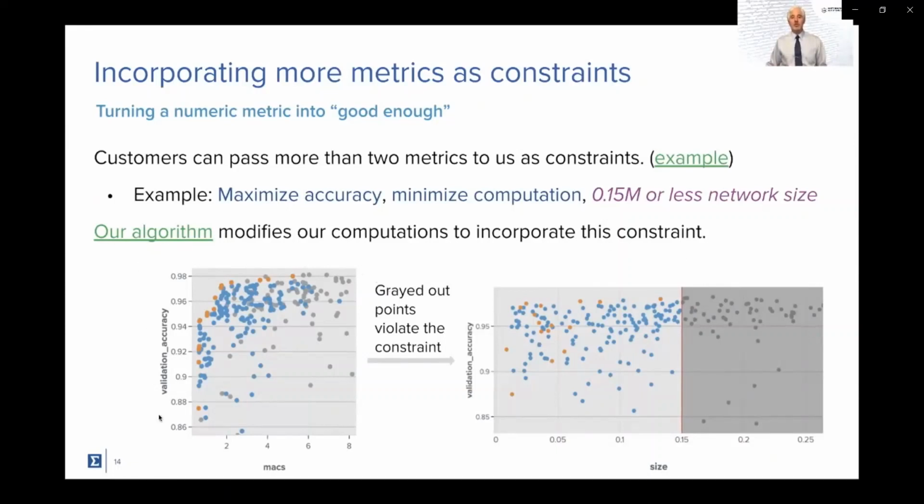And in particular, on this graph here to the left, you see what looks like a standard Pareto Frontier for maximizing this metric and minimizing this metric, except that several points here have been grayed out. These grayed out points violate the constraint, as we can see right here. And in reality, we spend as much of our time as possible trying to avoid these grayed out results while still trying to find points that appear on the Pareto Frontier.